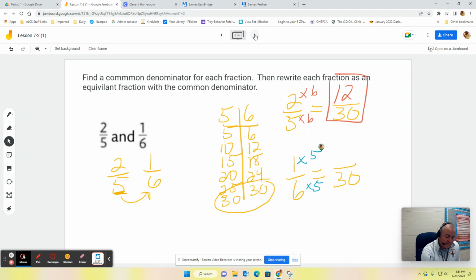What's 1 times 5? 5. 5/30 is equal to 1/6. So that is the basics behind finding any lowest common denominator and then rewriting those fractions as equivalent fractions. Equivalent meaning equal. So these are all going to be equal to each other.